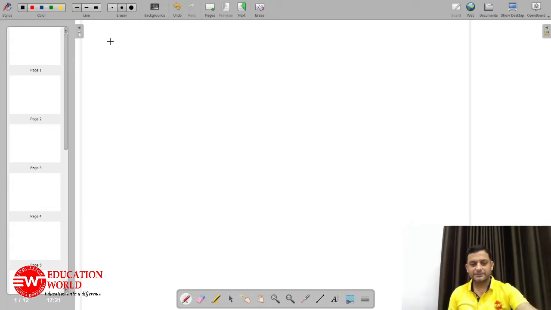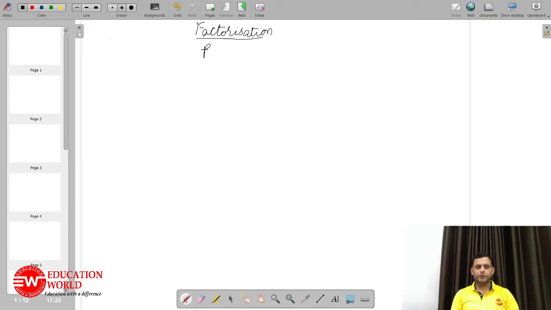So let us today start with a new topic, that is factorization. It is a very important topic. Factorization means to factorize the given polynomial. For a given polynomial, I can write it as a product like (x plus 2)(x plus 3).